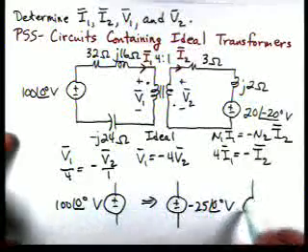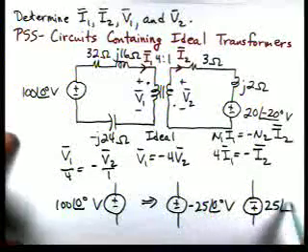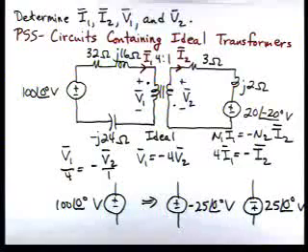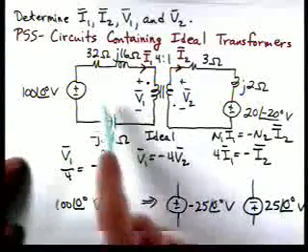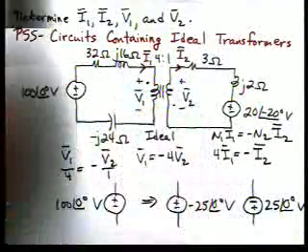And what I'm going to do is I'm going to turn that voltage source upside down and write it like that. Now if you remember, we reflect the impedances by the turns ratio squared. So now reflecting all the impedances over here through this transformer yields the following circuit.